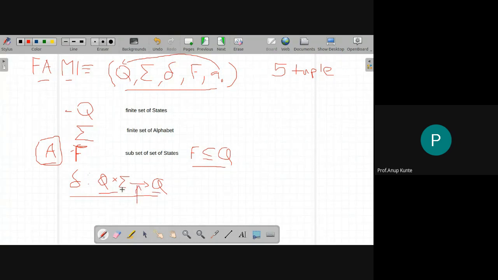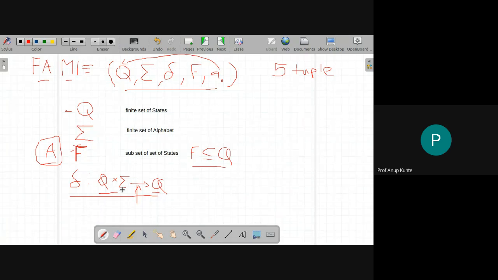Cross product indicates that I am selecting a tuple, or a couple, I should say. I am selecting one element from set Q, one element from sigma, and creating a joint representation. And that I am mapping with the set Q, every element in the set Q.